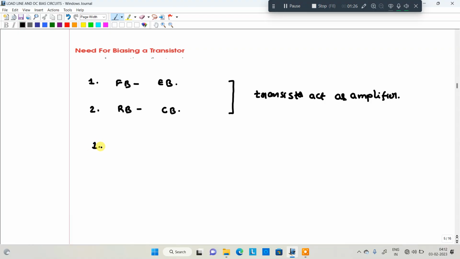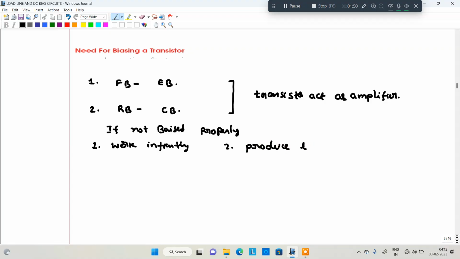The first effect is that it works inefficiently if not biased properly. The second thing is that it produces distortion in the output.